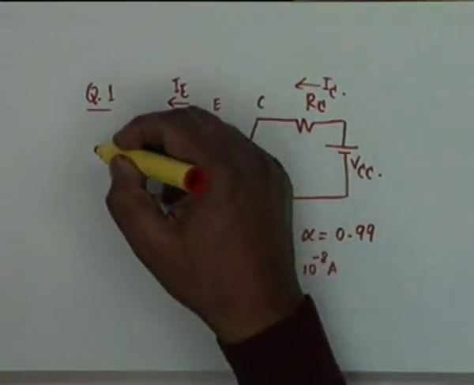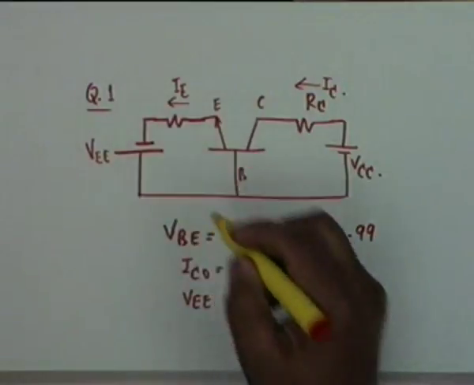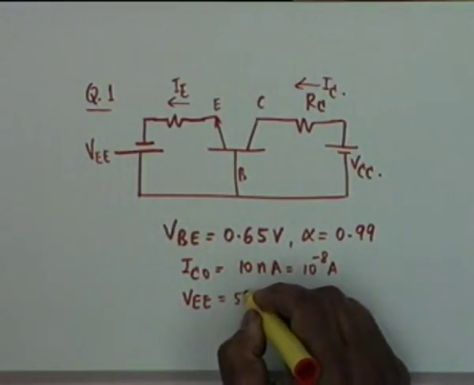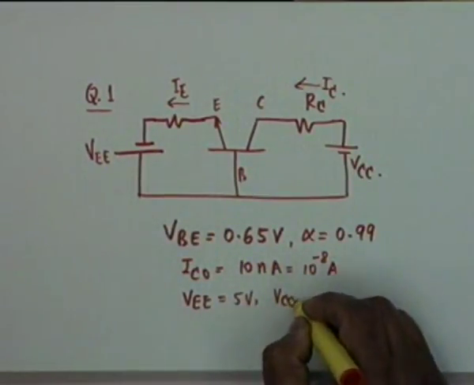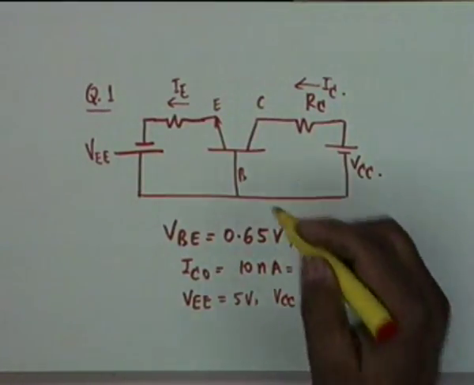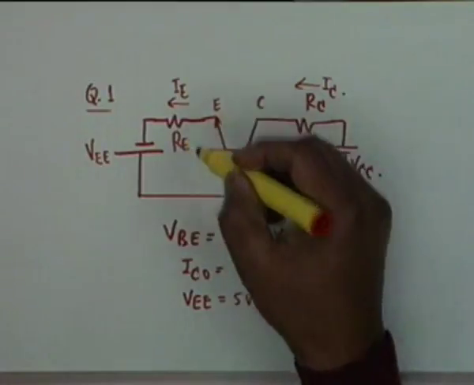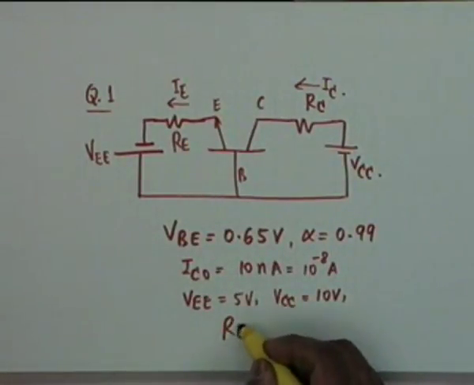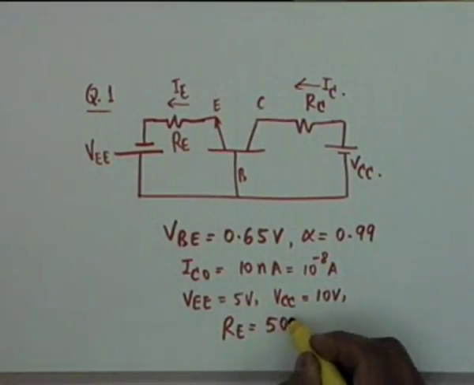VEE, that is this battery, is 5 volt. VCC, this battery, is 10 volt, and this resistance RE is given as 500 ohms.